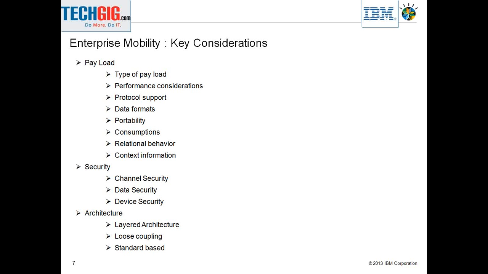Open standard-based integration is very important, because if we go with a proprietary one, and that proprietary standard goes out of support, or even has challenges, it becomes extremely difficult for us to integrate with other technology providers if the technology is not following open standards.